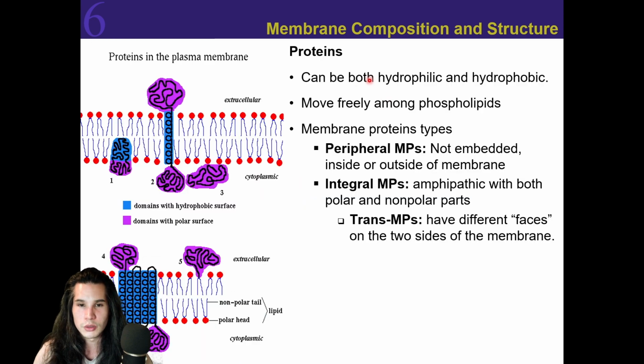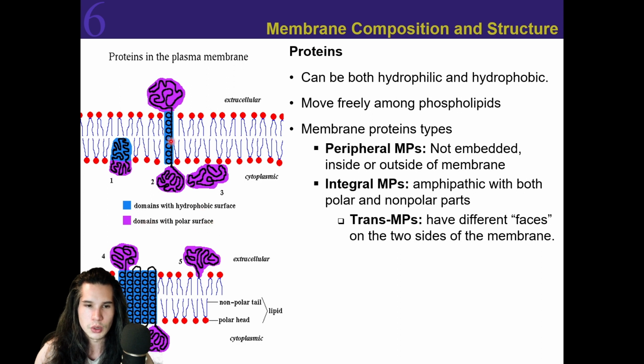So let's talk about the proteins that we're going to find within our phospholipid bilayers. They can be both hydrophilic and hydrophobic, meaning they can have polar regions or they could have nonpolar regions. If you look here at this transmembrane protein, it's got a nonpolar region, so domains with hydrophobic surfaces, and then the purple is domains with polar surfaces.